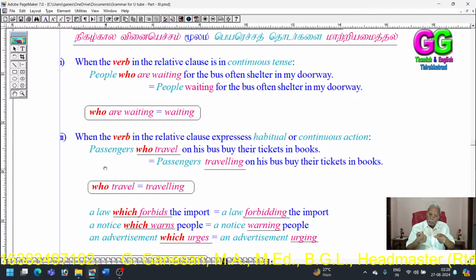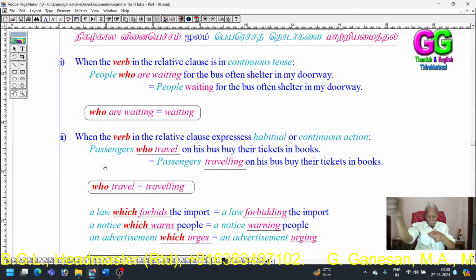But if the tense in the relative clause is either a future or a simple present or a simple past, then we have to reduce the verb into its plain present form, and then add -ing as per the rules that we have already seen.